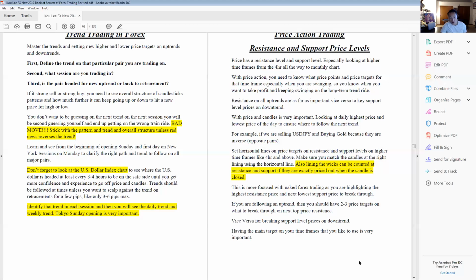And it's usually based on the daily and the weekly, because when you're on the 4-hour, if it's on a massive downtrend or a massive uptrend, you have to be prepared that they're going to shoot it up higher and higher, or they're going to shoot it down lower and lower. And you never know what to expect for the whole week. So you have to look at the daily and the weekly so you get a really good, strong indication of where prices are headed for the whole week for Forex trading from Monday through Friday.